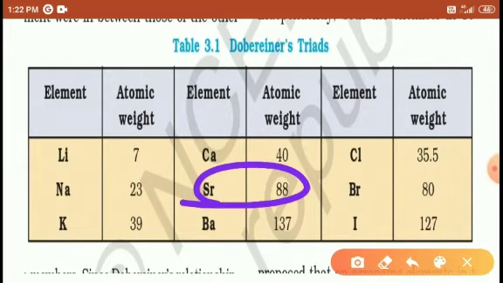So the atomic weight of the second element is equal to the average atomic weight of the first and third elements.